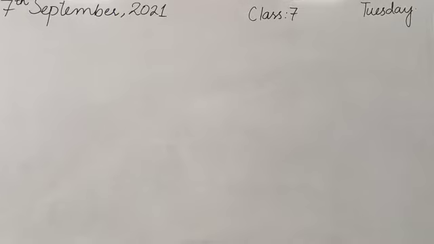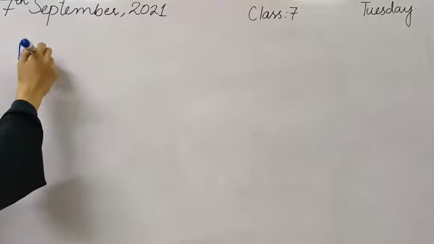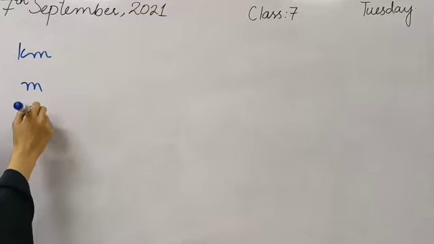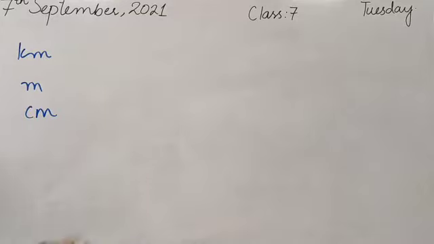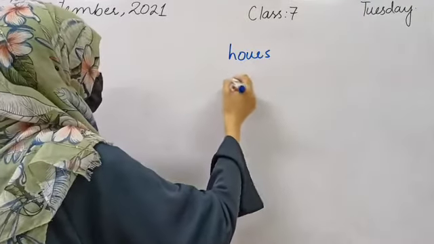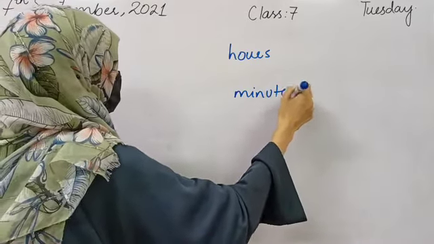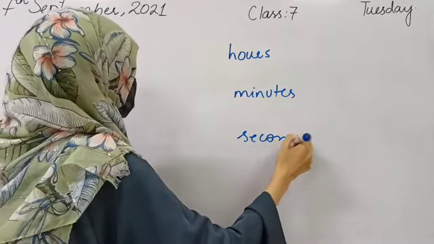Okay, students, let's recall the conversions. In the formula, we use the distance travelled and the time taken. So we will recall the conversions of distance, for example kilometer, meter, centimeter, and conversions of time, which is hours, minutes, and seconds.